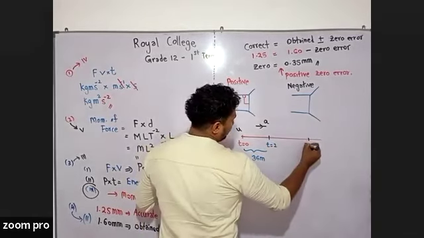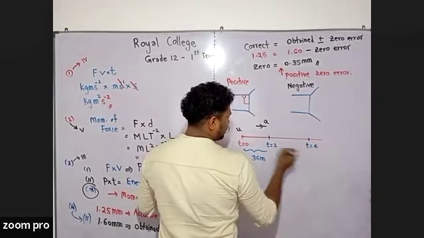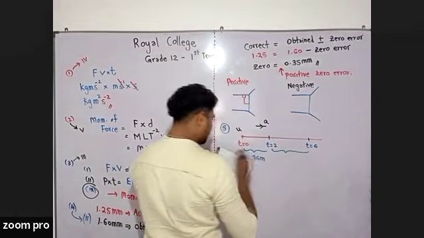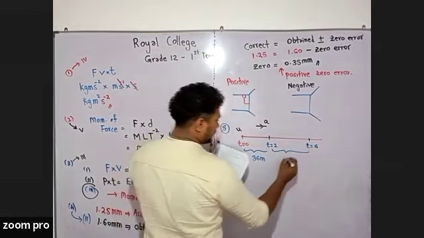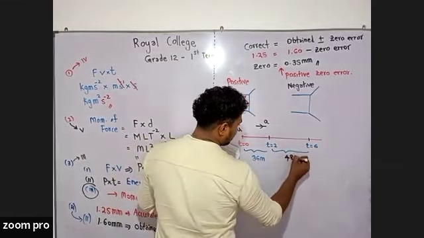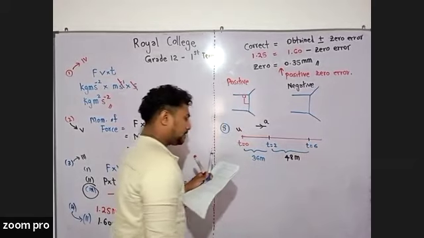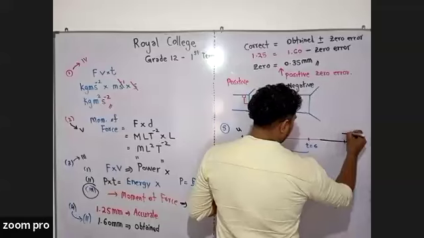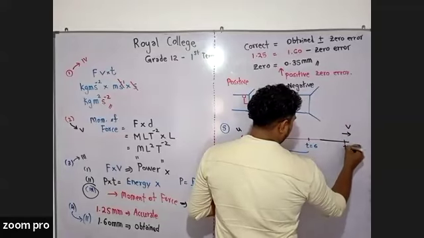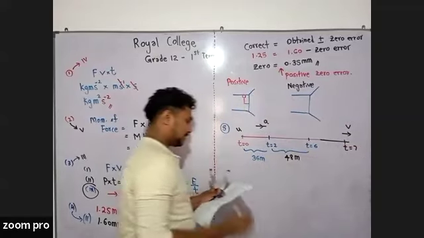So the question is asking about the velocity at the time equal to 7 seconds, right?